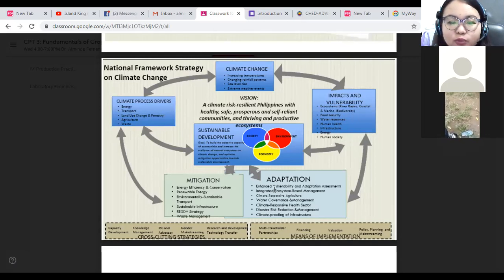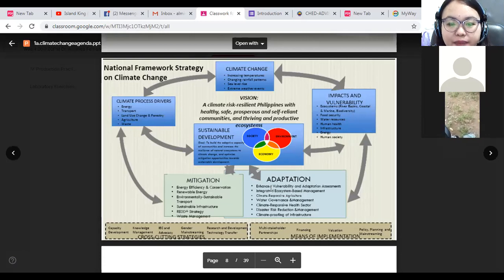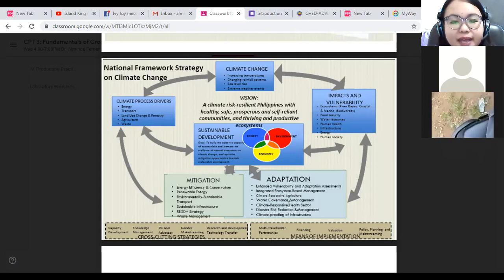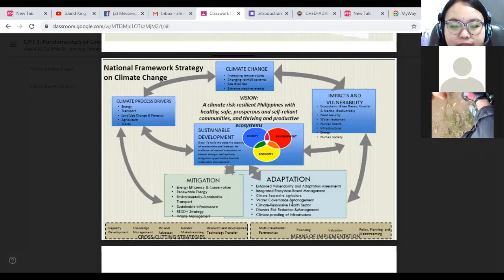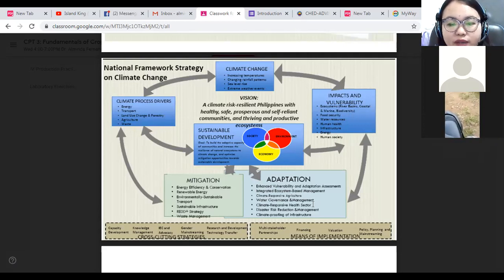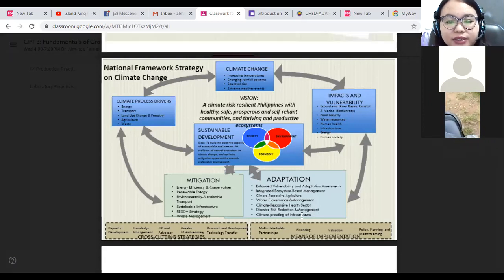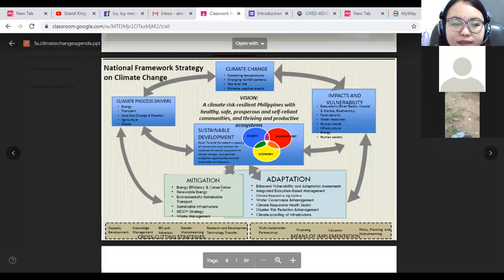With this framework, we are able to adopt adaptation strategies like enhanced vulnerability and adaptation assessments, integrated ecosystem-based management, climate responsive agriculture, water governance and management, climate responsive health sector, disaster risk reduction and management, and climate proofing of infrastructure, and even mitigation.